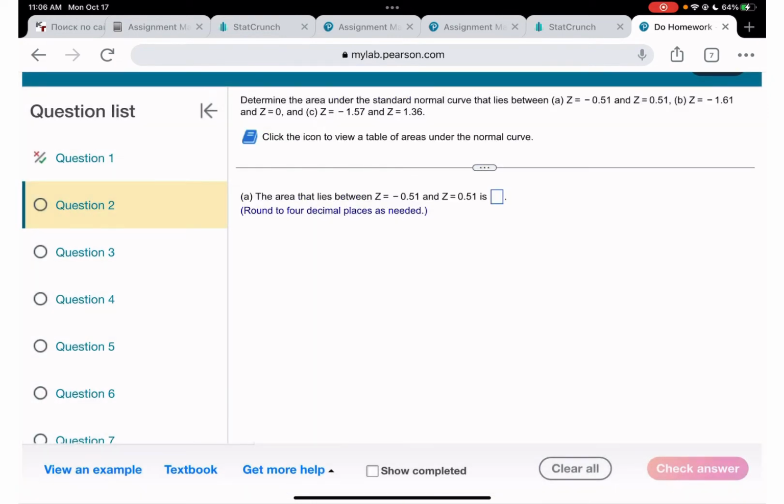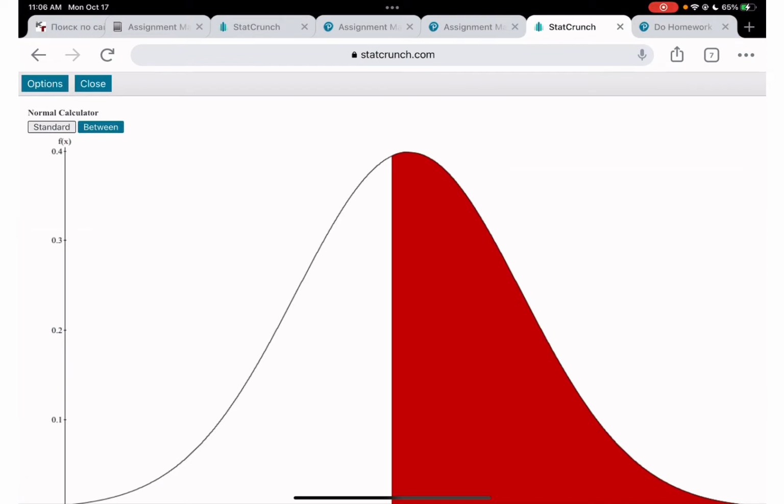What is the next one? The area between z negative 0.51 and z positive 0.51. Okay, let's go there. In between, see here I'm clicking between.